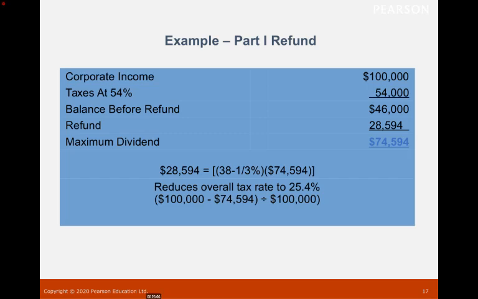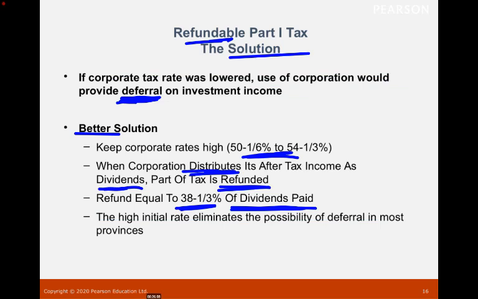So if we just go back one here, just as a reminder, the refund is equal to 38 1/3 of the dividends paid. So here's where dividends paid matters in the question. You may be looking at a question where the company has earned dividends and also paid out dividends. So you have to make sure you know what you're looking at.